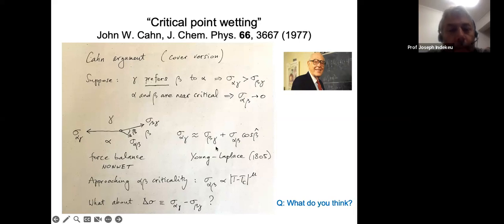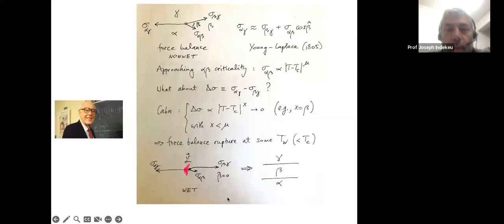And this line of thought inspired Cahn to propose a conjecture. So what happens to this difference as the alpha phase becomes more and more identical to the beta phase? Naively, you would say, oh, well, this probably goes to 0, but in what way?